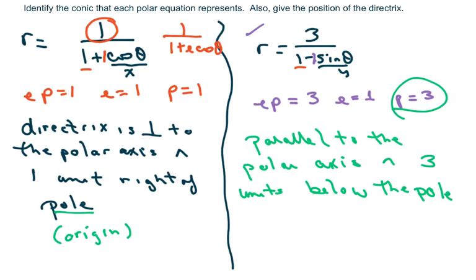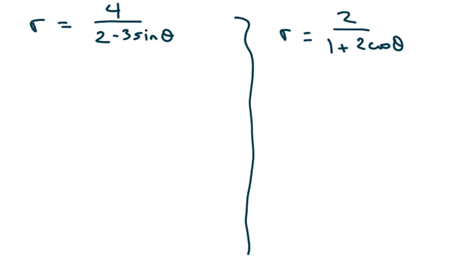Alright, now let's do a few more. In this case, our ep, well, first of all, on this one, this number here is not 1. And so I'm going to write this where it is 1. So when we rewrite this, I'm going to write this as 4 over 2, pulling out a 1.